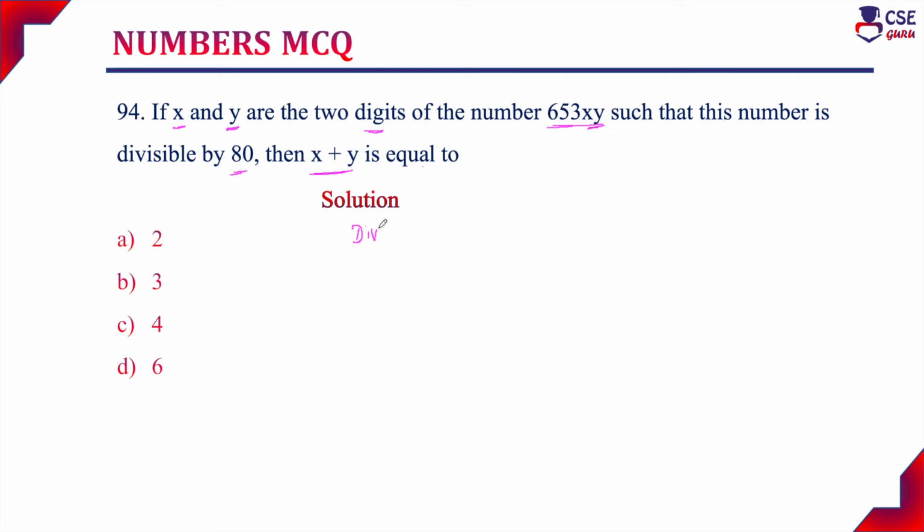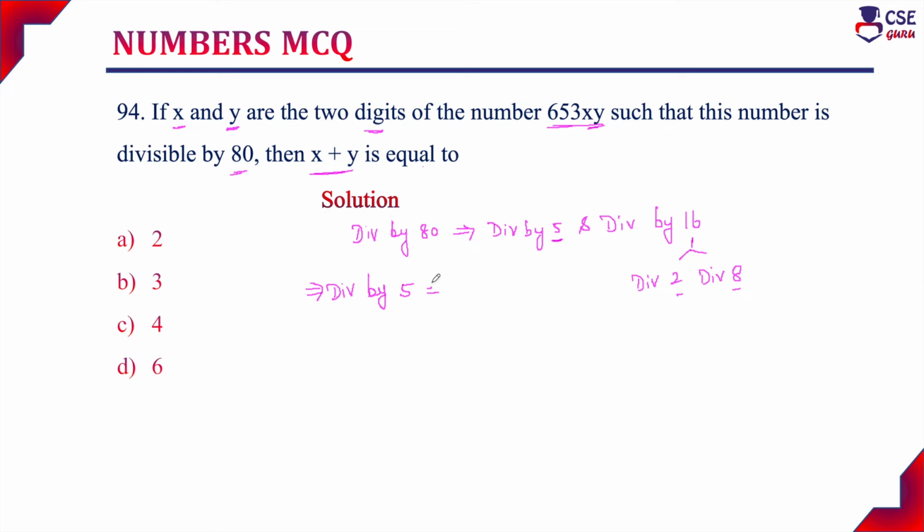The divisibility rule for 80 is that the number should be divisible by 5 and by 16. And the divisibility rule for 16 is that the number should be divisible by 2 and by 8. So this particular number should be divisible by 5 as well as 2 as well as 8.